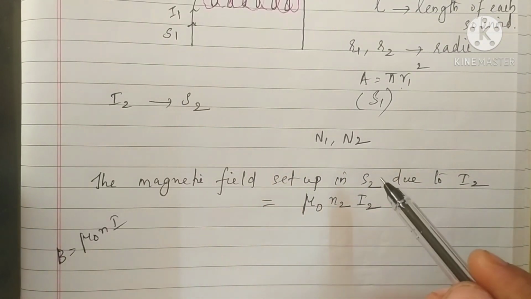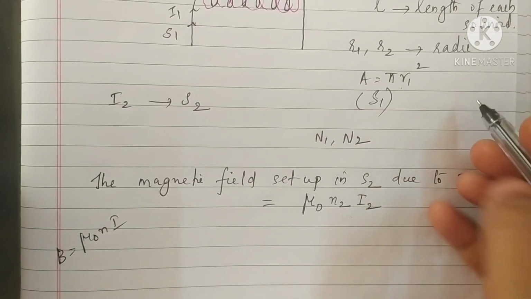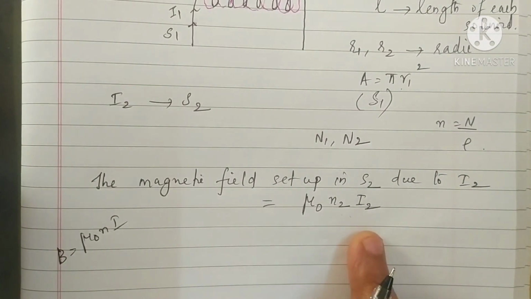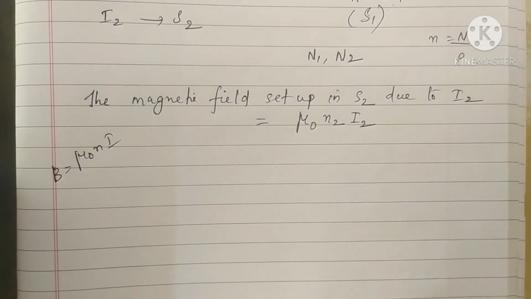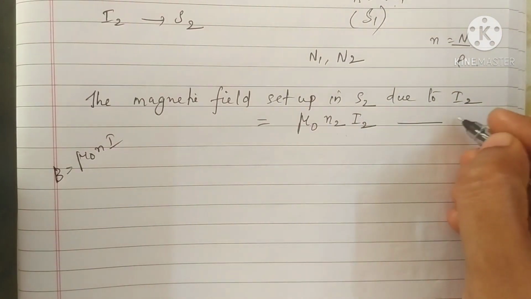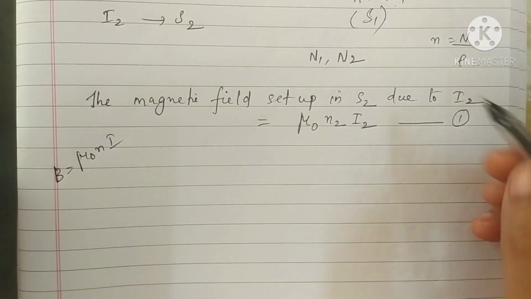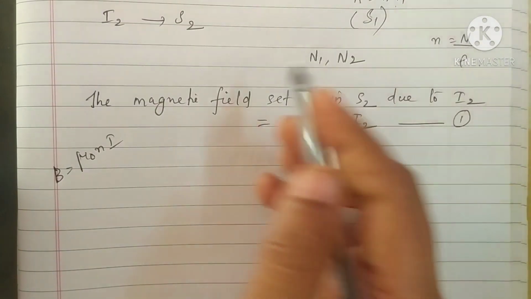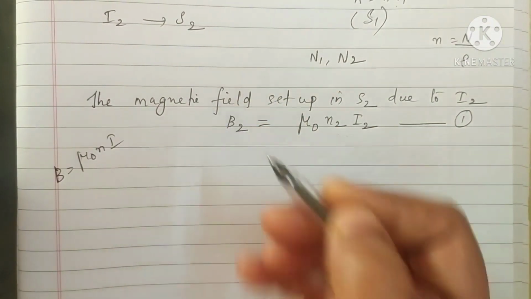Small n is the number of turns per unit length. Keep it in mind, small n is capital N by L. So in the expression we have small n. Let this be equation number 1. This is the magnetic field set up in the solenoid S2, so you can write it as B2.